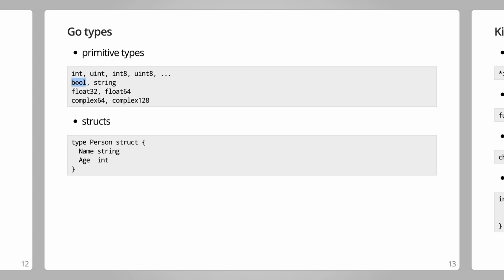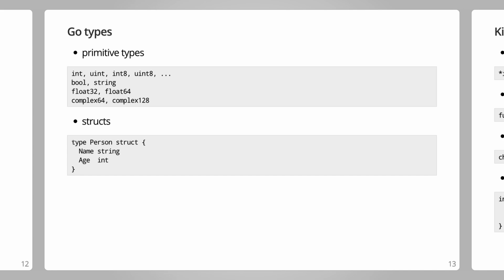And there's Boolean, there's string, and these are called primitive types. There's floats, two types of floating point, so these are decimal numbers, and there's also complex numbers if you need to compute Fourier transforms or whatever.